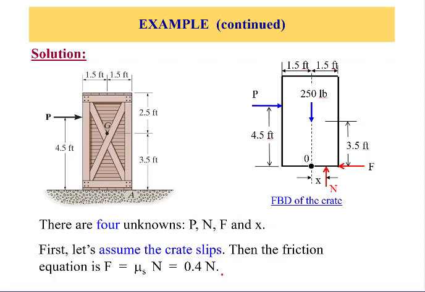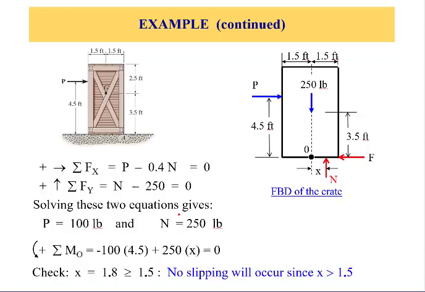With that assumption of the slippage, we continue by applying the equations of equilibrium on the object. We start with summation of forces in X equal to 0, so P minus the friction 0.4 N equal to 0, and the summation of forces in Y equal to 0, which is N minus 250 equal to 0. This will lead us to 2 magnitudes, the force P, the maximum that could cause the slippage, and the reaction force N.